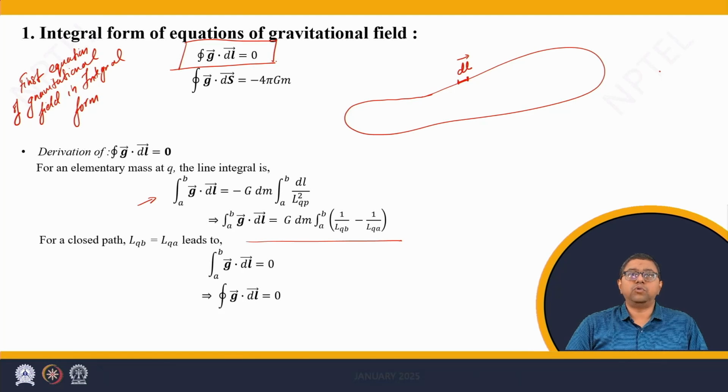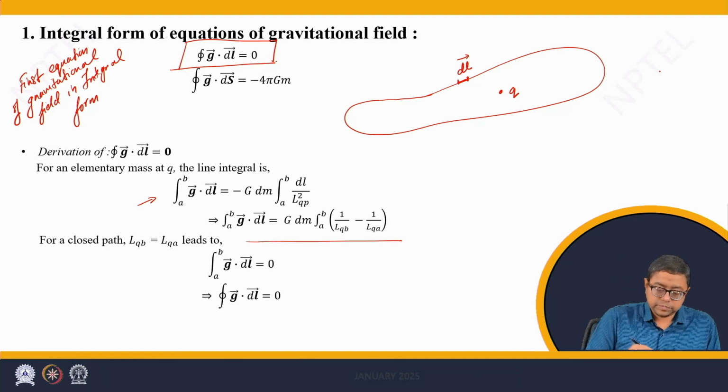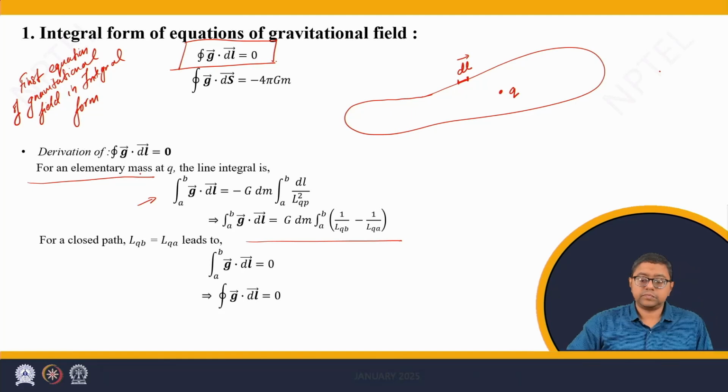This loop is a closed loop. Consider this as an elementary mass located at the position vector q. We consider the integral a to b g dot dl as the partial circulation of the gravitational field.